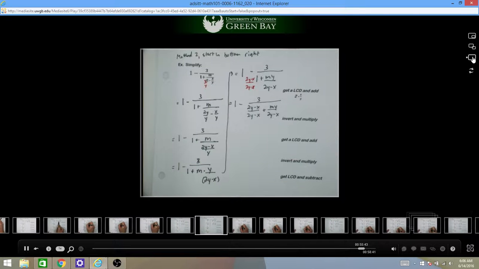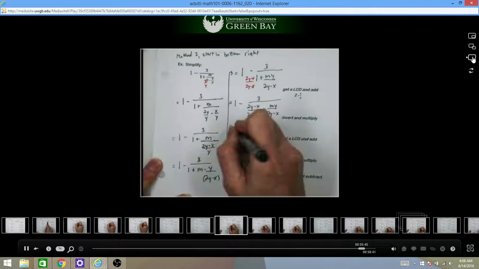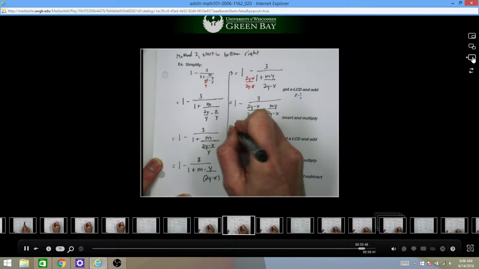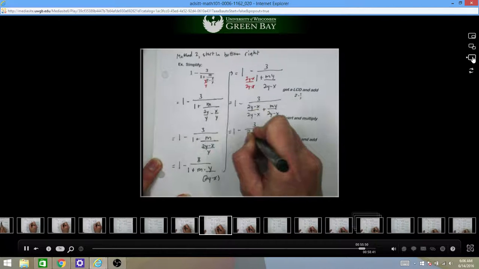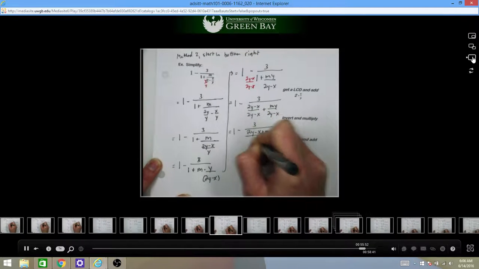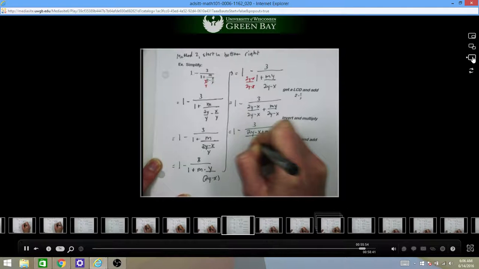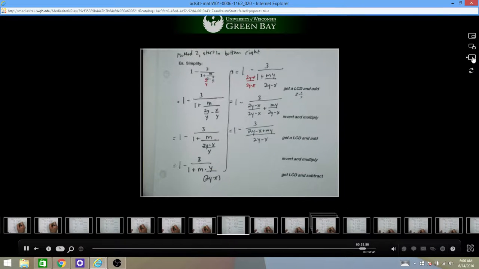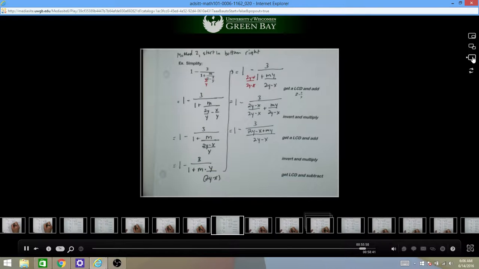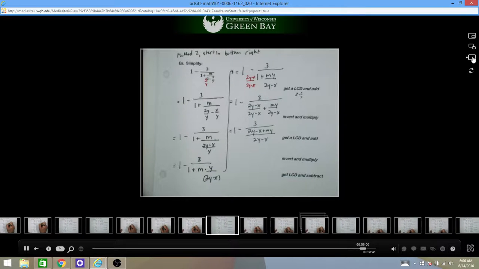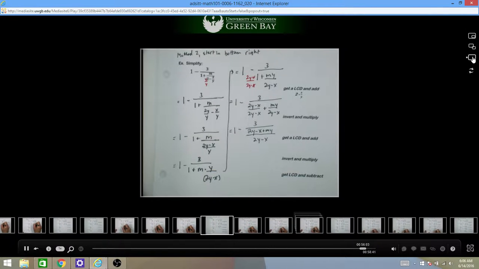So we'll go ahead and add these up. So we have 2y minus x plus my over 2y minus x. So we're just getting a common denominator and adding the little fractions together, like method 2. And now we invert and multiply. So we flip that over times the 3.